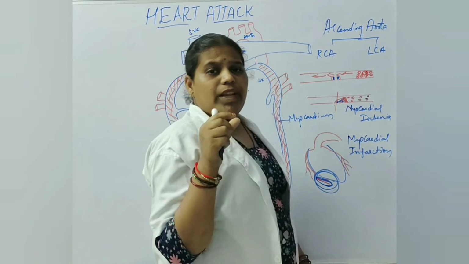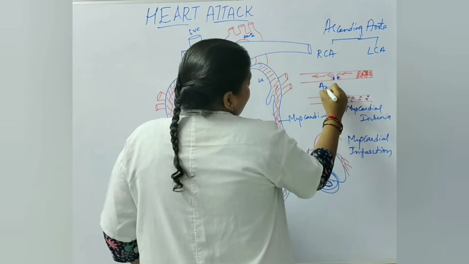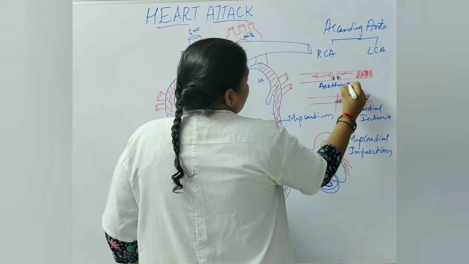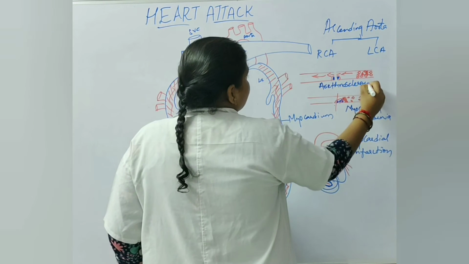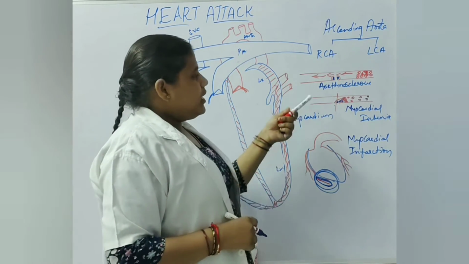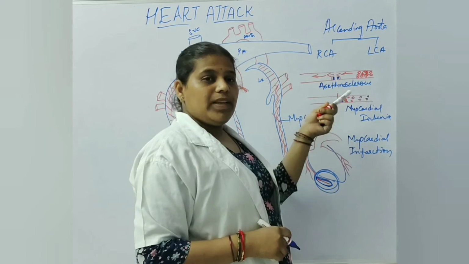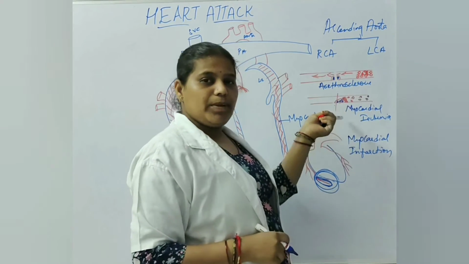The formation of plaque in the coronary artery is called atherosclerosis. Here the plaque is formed and here the thrombus is formed. The platelets start depositing on the plaque.